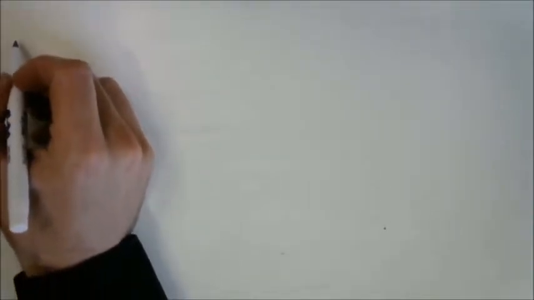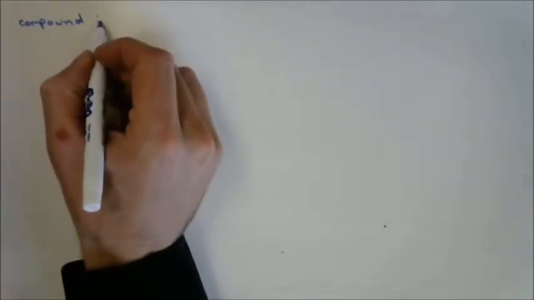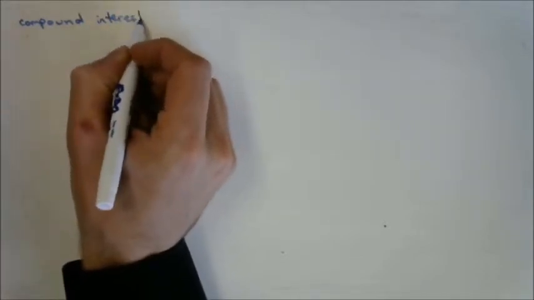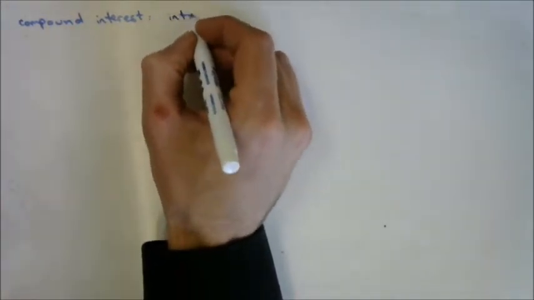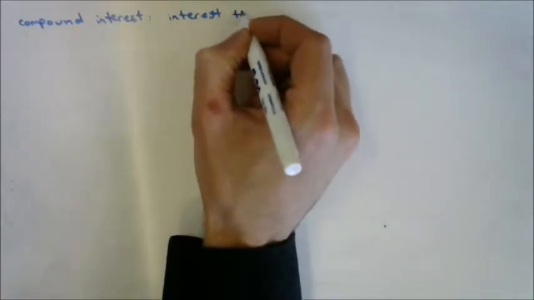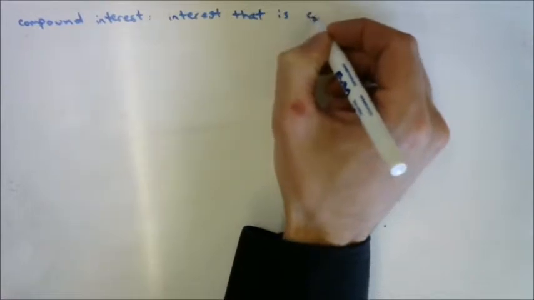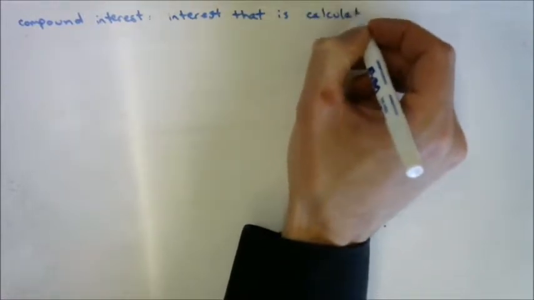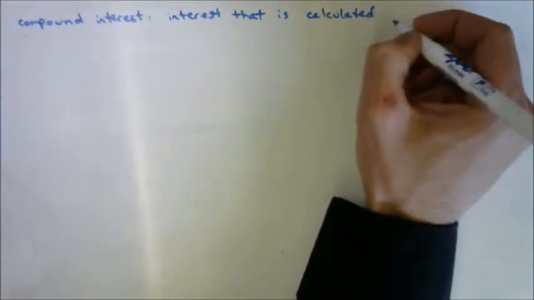So we're going to take a definition of compound interest on page 8. Compound interest is interest that is calculated at regular compounding periods.